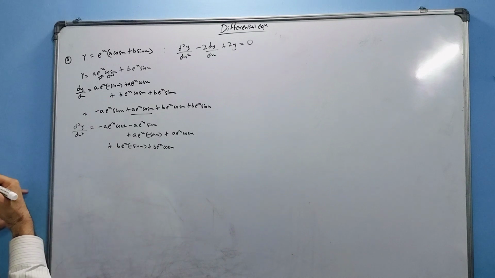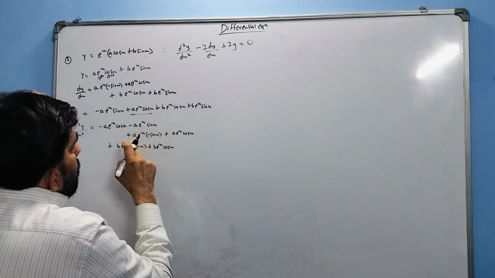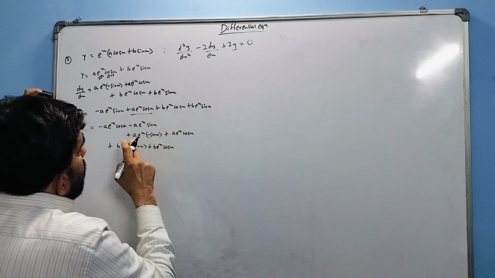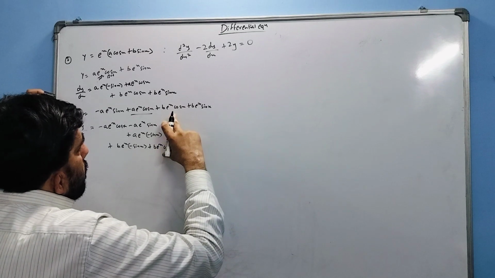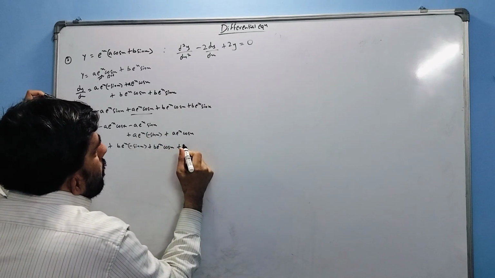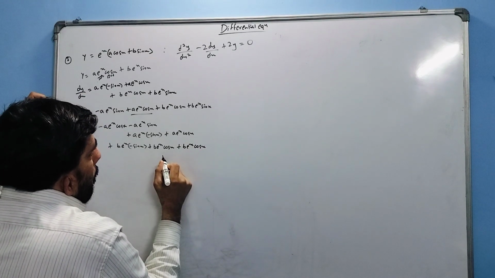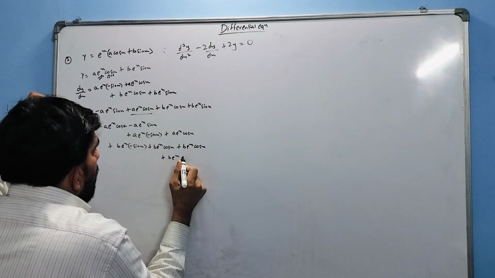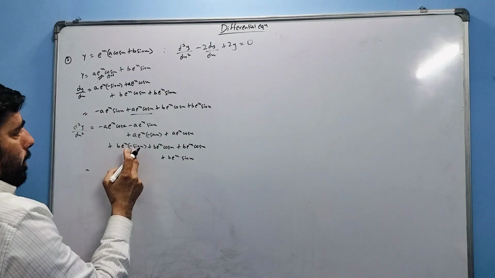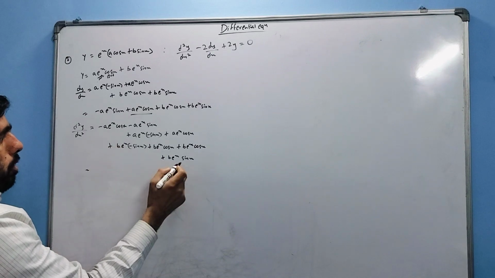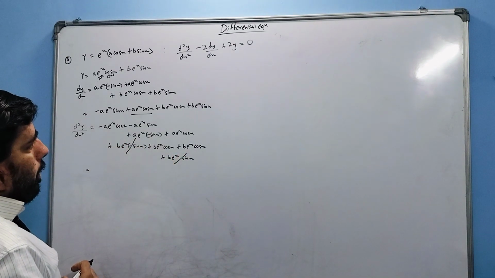Now we have sorted this out, for a cos x we have done this, then for b we have done this. Now plus b e raised power x cos x plus b e raised power x sin x. Now we can see here it is negative and it is positive, so it will be reduced, b e raised power x cos x.